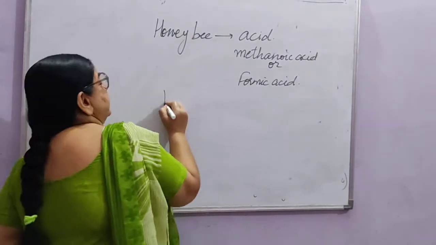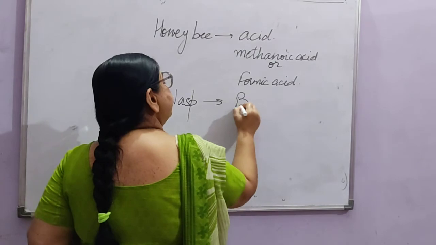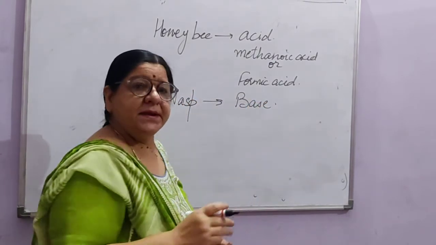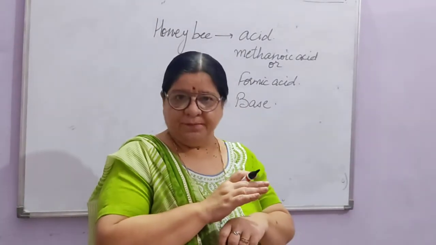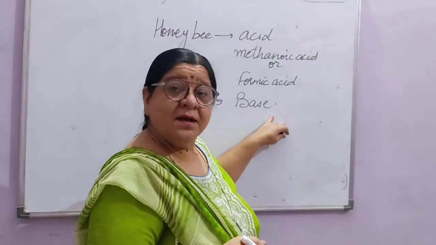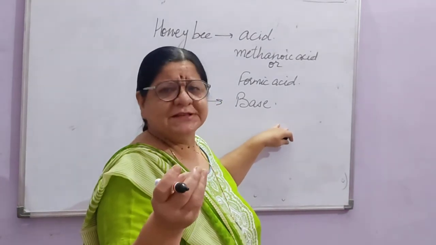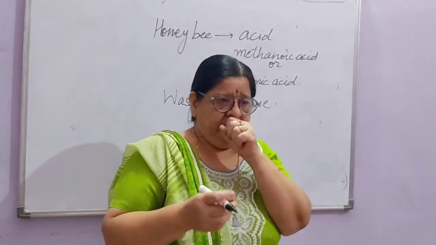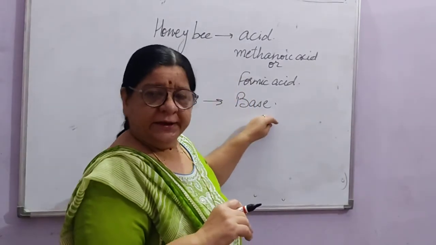But if you are stung by a wasp, that leaves a base, and you can get a relief from that by rubbing either vinegar, which is acidic in nature, that will neutralize the effect of the base, or anything which is acidic like lime, that is lemon, etc. Some lemon juice on it will neutralize the effect.